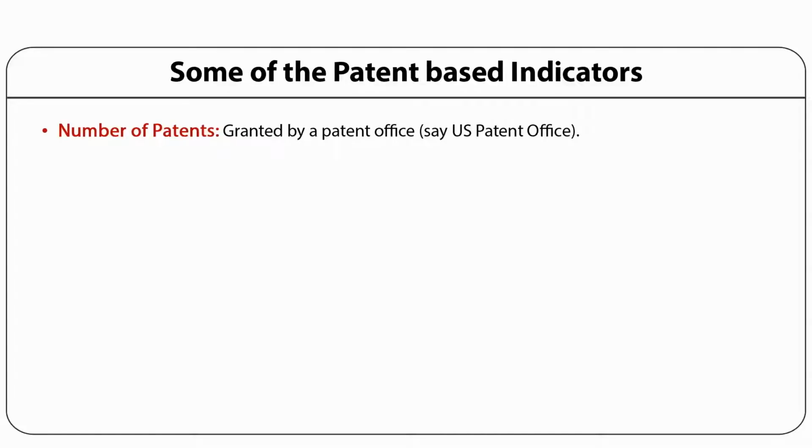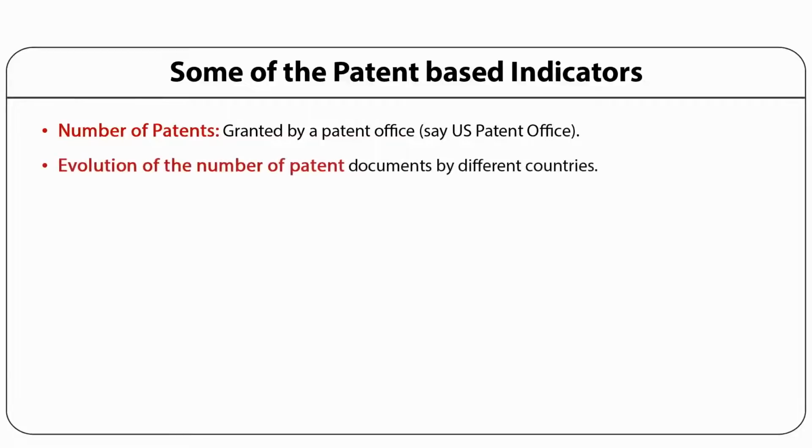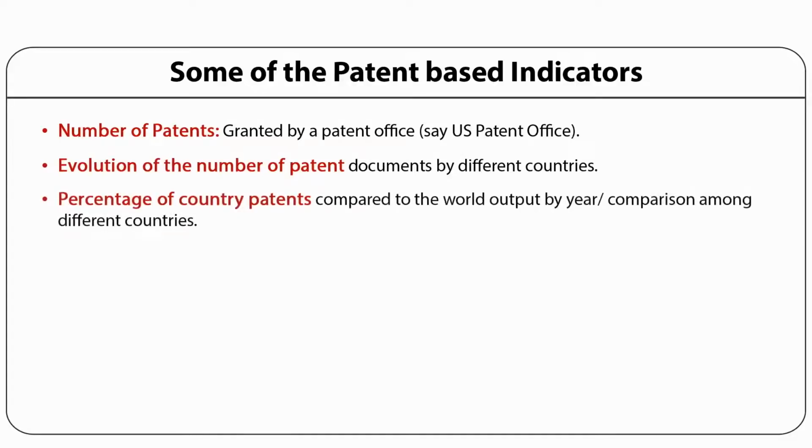Here I am not talking of a sector, but I can also talk of the number of patents in a technology, in a particular sector or a subsector. Another indicator would be the evolution of the number of patents by looking at the patenting trends of different countries. Then we can construct indicators such as percentage of a country's patents compared to the world output by year, and comparison among different countries. By these types of indicators, one can capture the competitiveness of a country in a particular technology or overall.